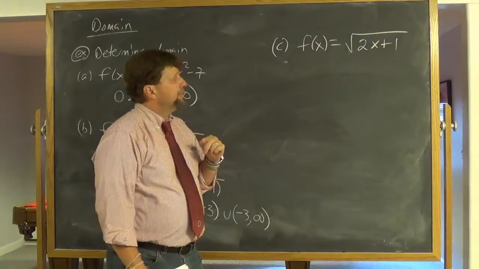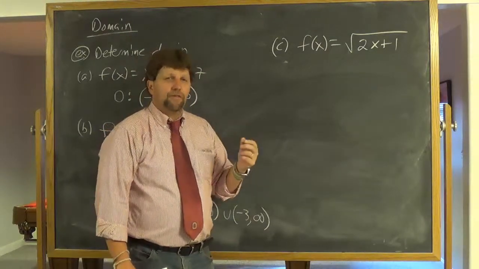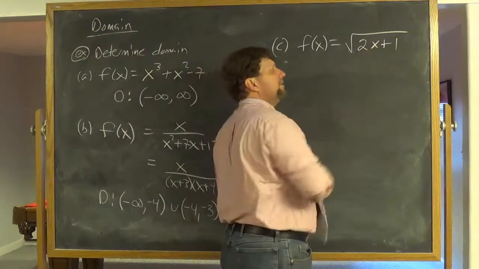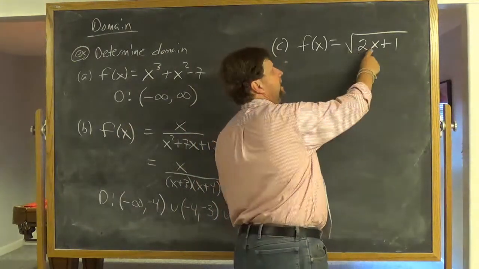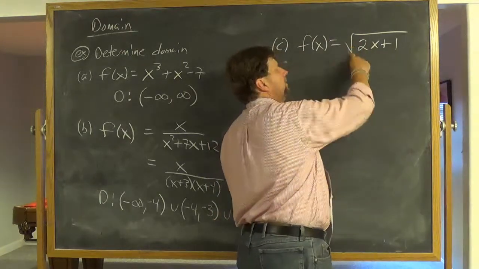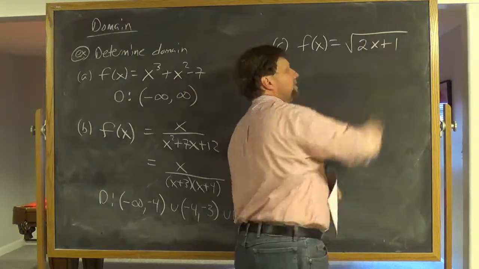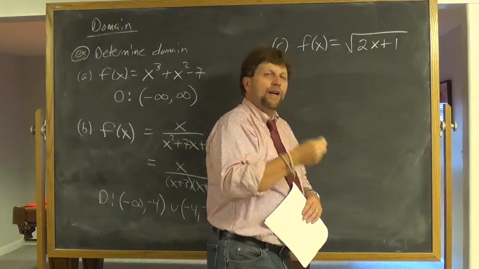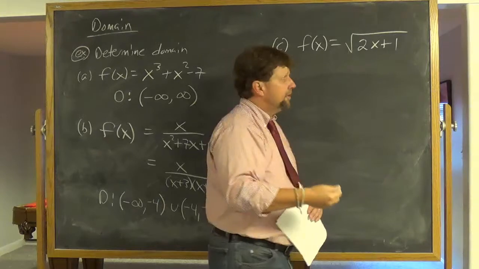For example, if I put -3 in for x, 2 times -3 is -6, -6 plus 1 is -5. I would have a negative number, -5, under a square root. That is bad. I don't want a negative number under the square root.